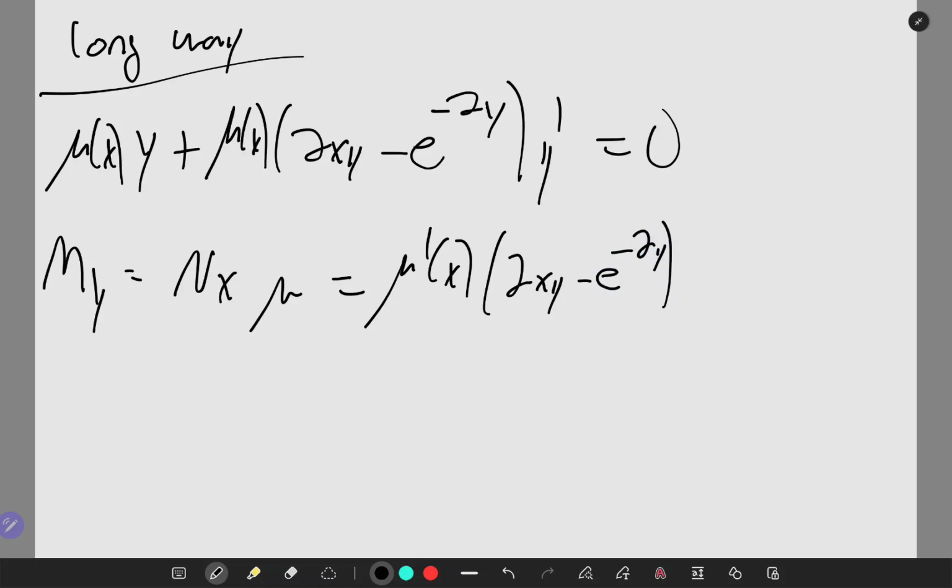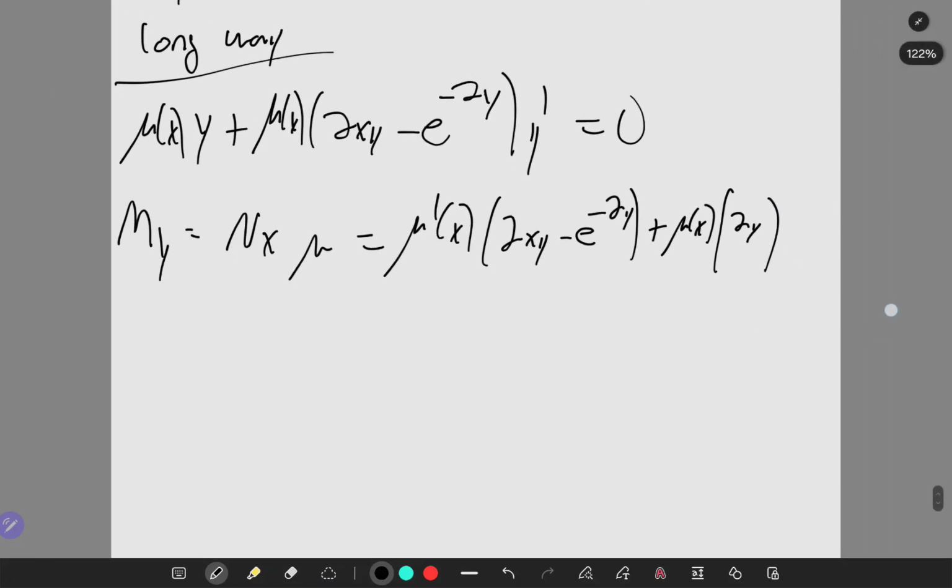Plus the first times the derivative of the second with respect to x, right? So this would be 2y minus 0. Oh, that's nice. That works.